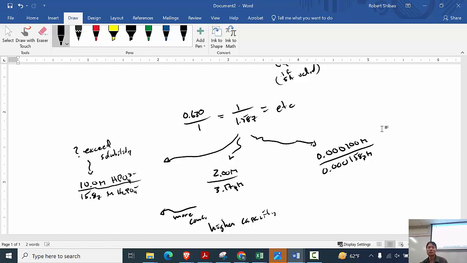And so this would be lower capacity. The higher concentrations may not be possible, since they're fairly high and we might not be able to get there.